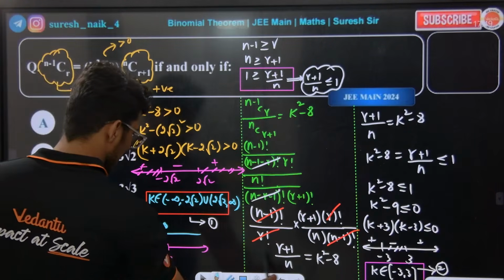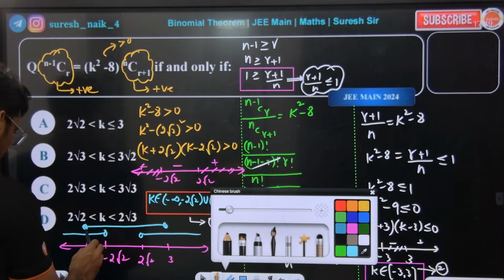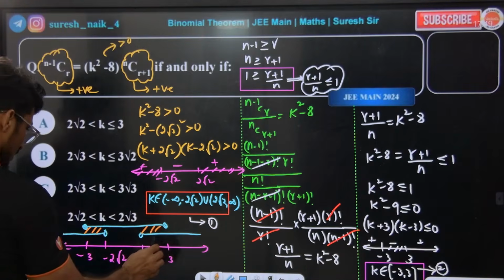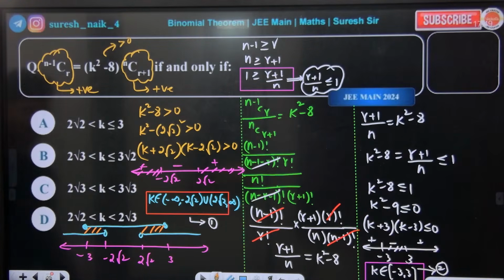So what is the common region? This is the common region. Minus 3 to minus 2 root 2, and 2 root 2 to 3. Correct? So which option is correct? 2 root 2 to 3.